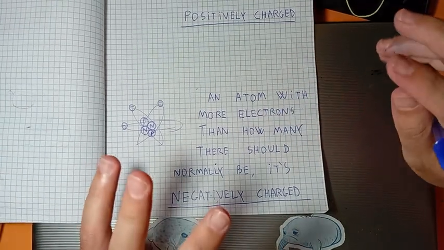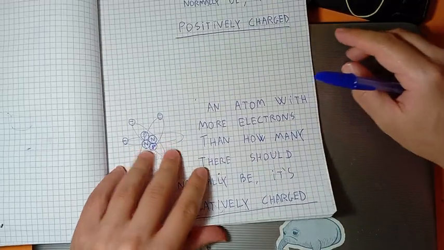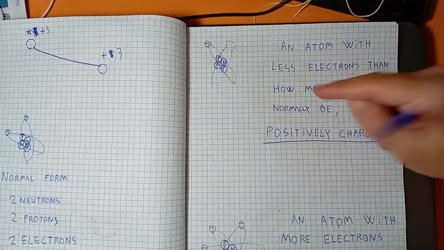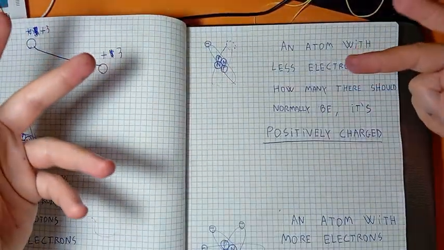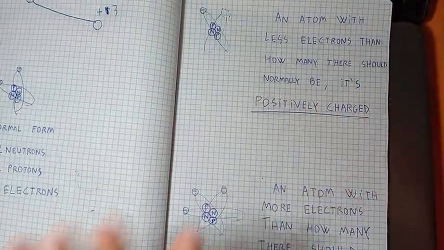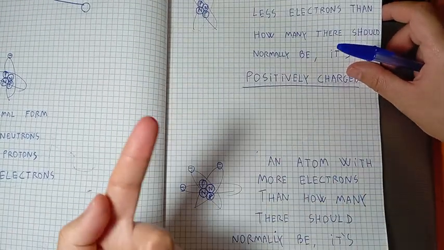So now we know what it means to be positively charged or negatively charged. Obviously, I made the example of just losing 1 electron and gaining 1 electron, but an atom can gain 2, 3 electrons or lose 1, 2, 3 electrons. This was just an example, because it was much simpler with just 1 loss and 1 gain.